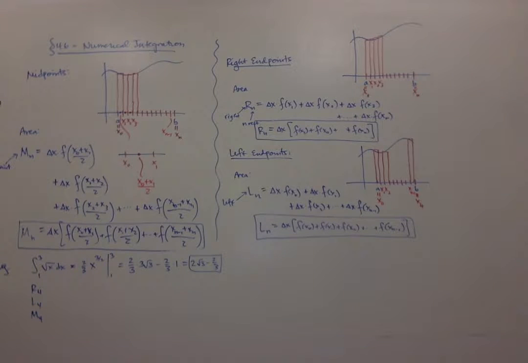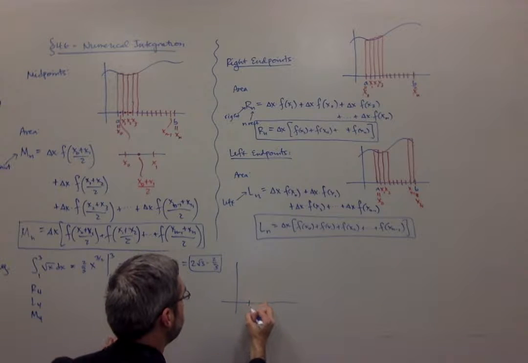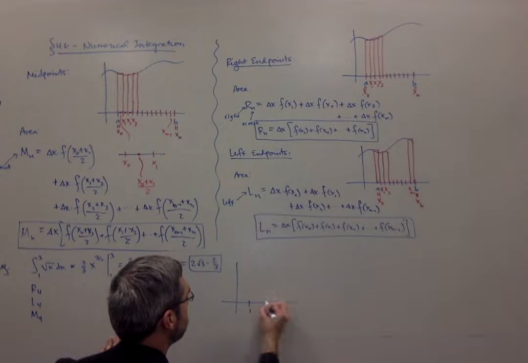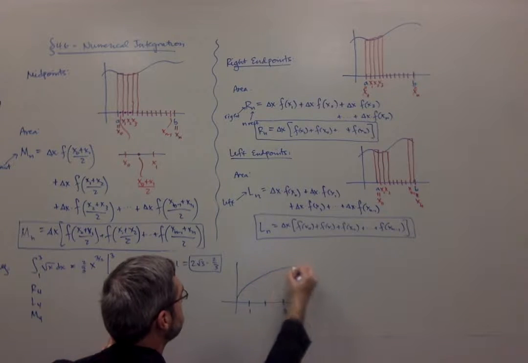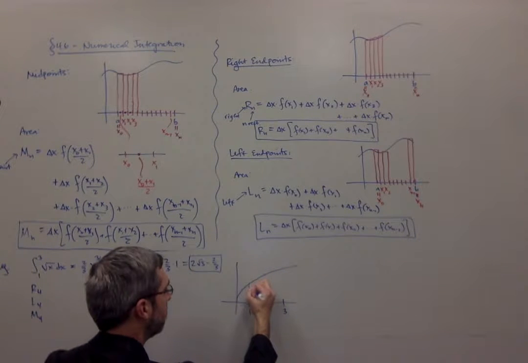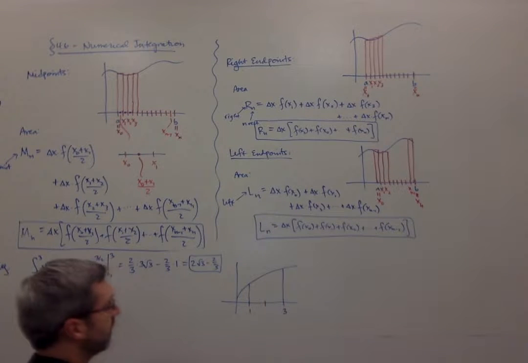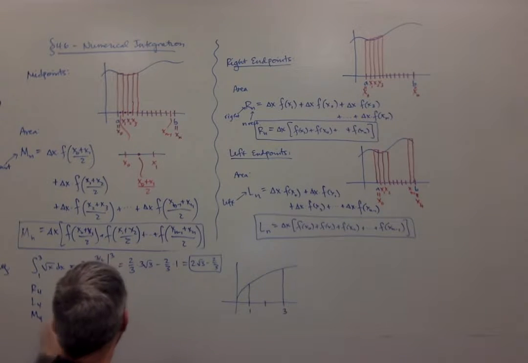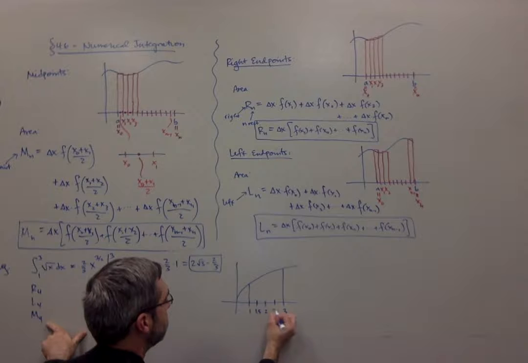What they mean by that is that if I have this function from 1 to 3, the square root function, and I want the area under it from 1 to 3, which we actually know exactly what it is, but we're going to approximate it. R4, L4, and M4 mean I'm going to use 4 rectangles here. So this is going to be 1.5, this is 2, and this is 2.5.